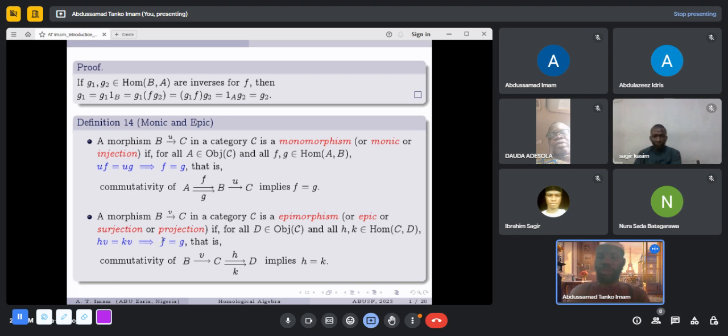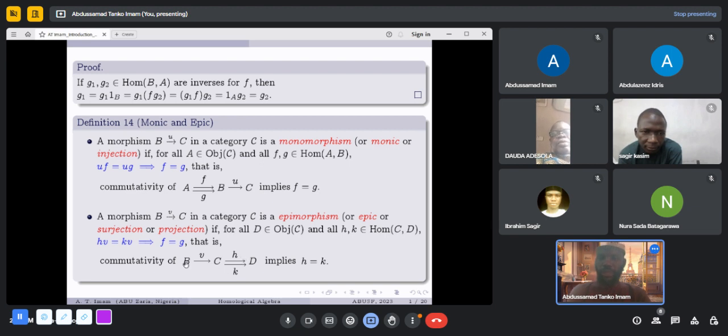This should be H equal to K. So whenever this implies H equal to K, then V is an epic or epimorphism or projection or surjection, as we call it sometimes.